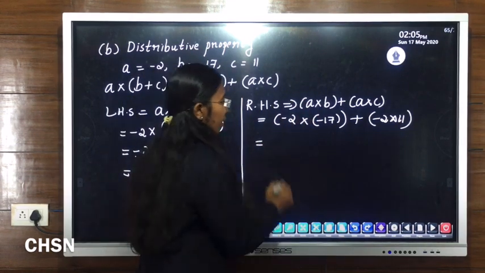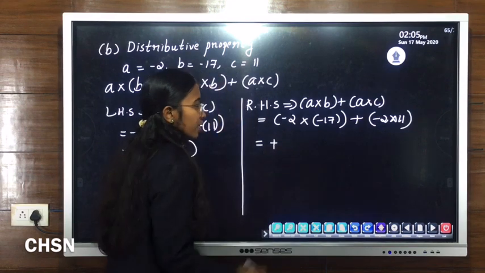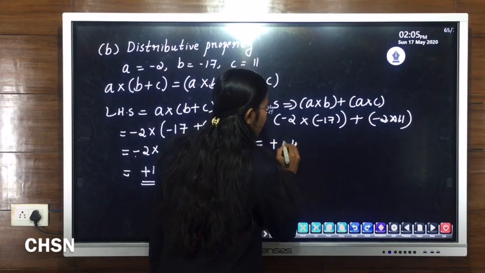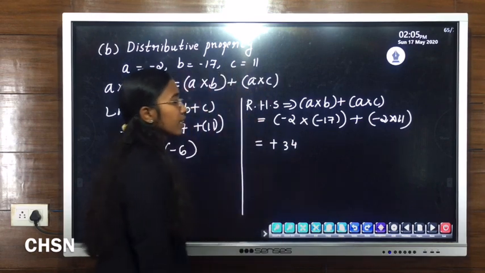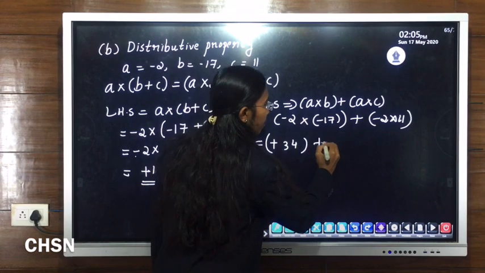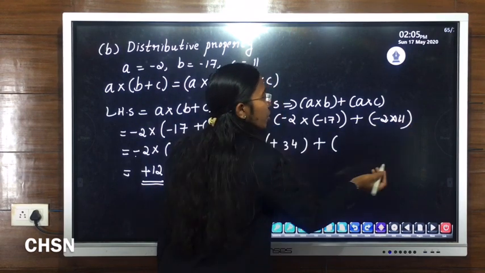Here both are negative, so our sign is plus. 2 into 17. So the answer is plus 34 plus minus 2 into 11.